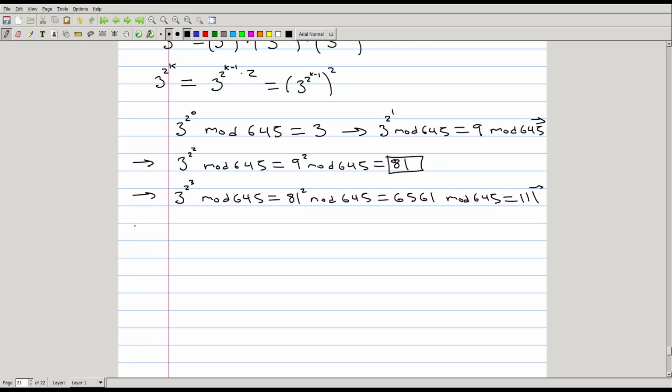Continuing on, you get 3 to the power 2 to the power 4 mod 645, which is 111 squared mod 645, which is going to be 12,321 mod 645, which is just equal to 66.